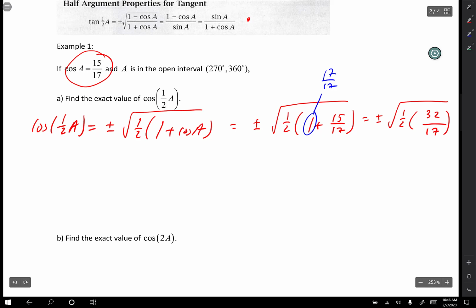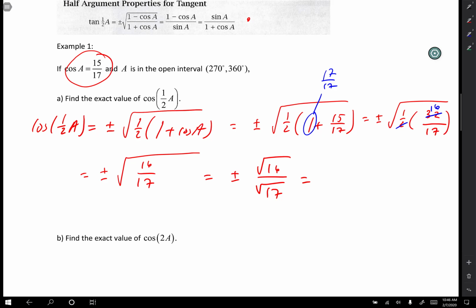And we know that 2 goes into 32 16 times. So now we can write plus minus square root of 16 over 17, which equals plus minus square root of 16 over square root of 17. The square root of 16 is 4. And if you want to rationalize it, you can: plus minus 4 square root of 17 over 17.